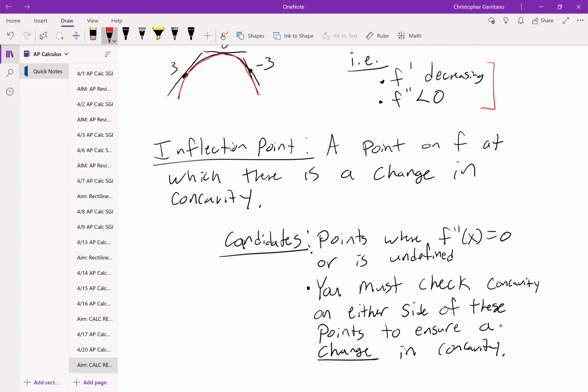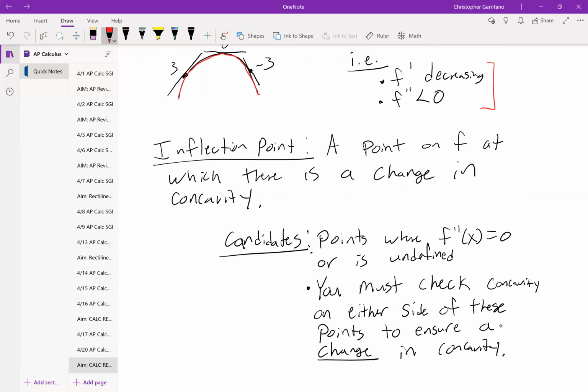because at those points, or just around those points, to the left and to the right of where the second derivative is equal to 0, there could be a change in concavity. So if f double prime goes from positive to 0 to negative, then that implies a change in concavity.